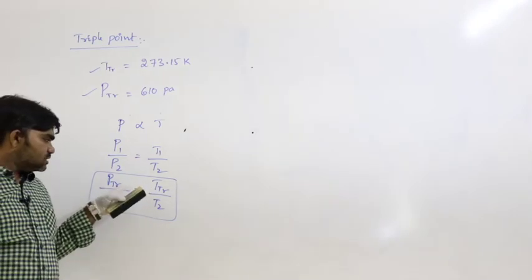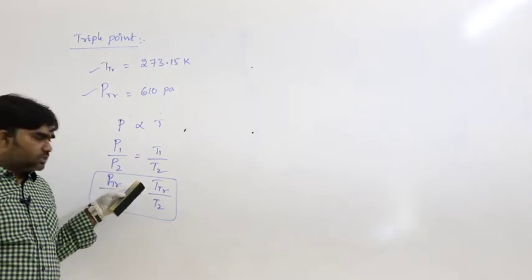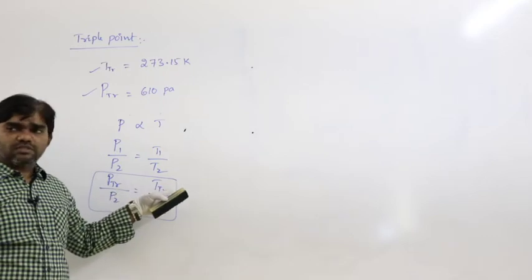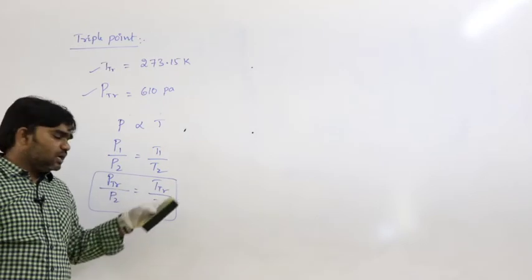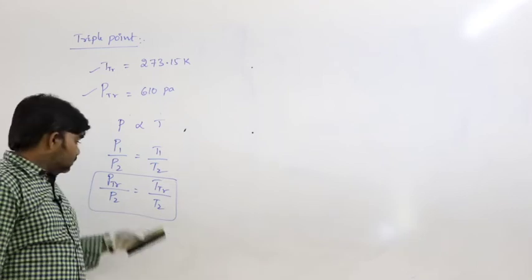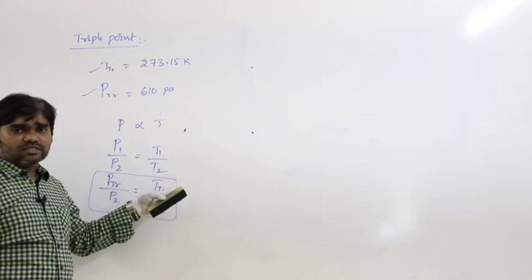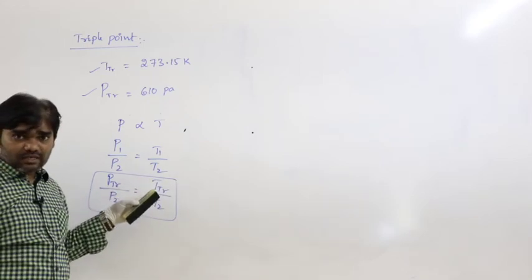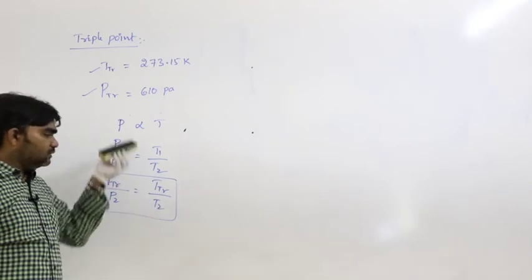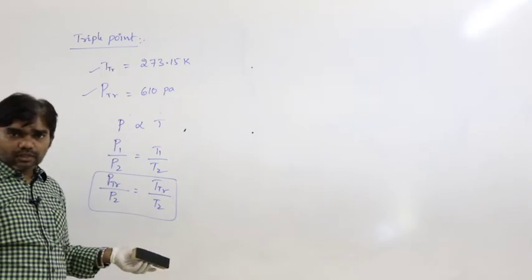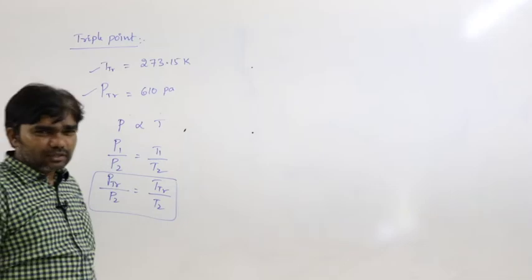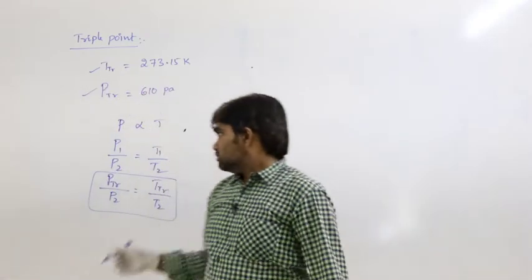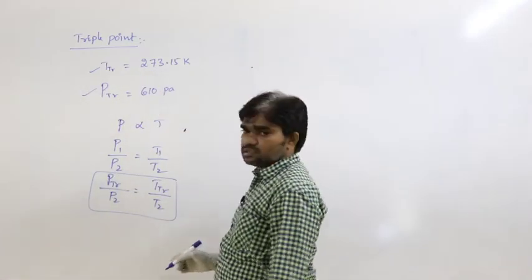PTR means pressure at the triple point, and TTR means temperature at the triple point. These are considered the fixed points, the basic points, and then one thermometer is developed, that is the triple point thermometer.